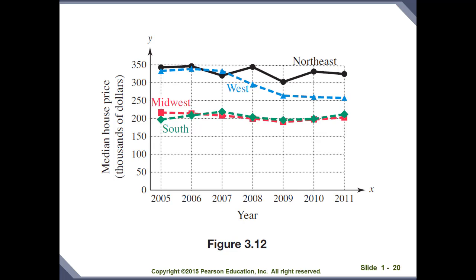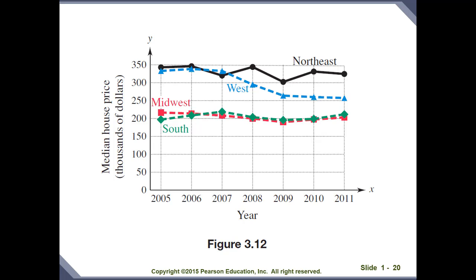And then figure 3.12 is about reading a graph. This is another problem from your textbook. And so this is looking at the median sales price of new homes in different regions of the country from about 2005 to 2011 in thousands of dollars. And so one skill, of course, is being able to read a graph and to be able to make comparisons in a graph.